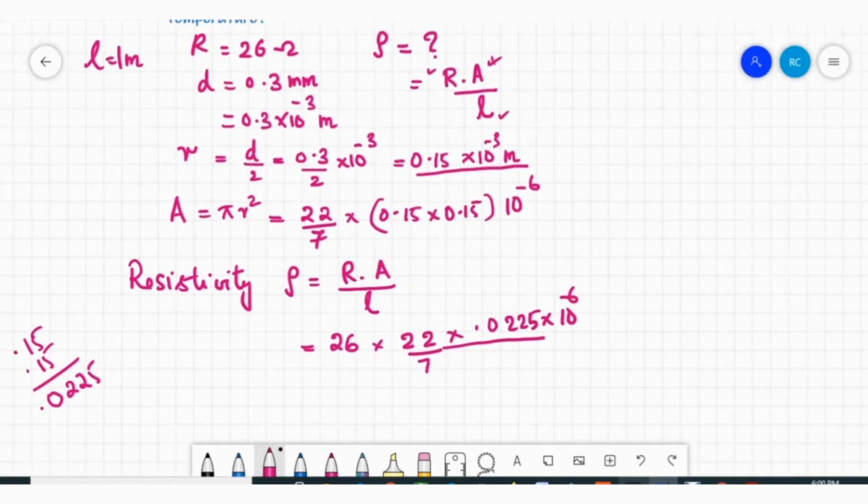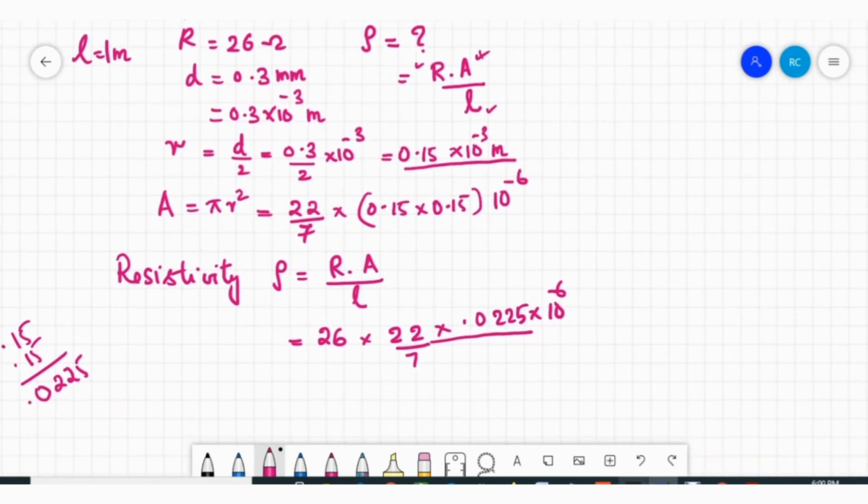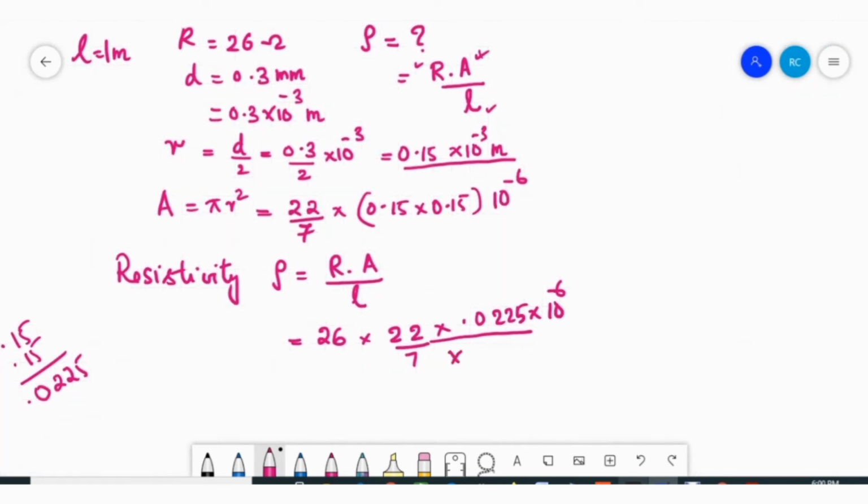What is L? L is 1 meter. So overall it becomes 26 into 22 by 7 into 0.0225 into 10 to the power of minus 6, divided by L. When you solve this equation, you will get 1.8385 into 10 to the power of minus 6, and its unit is ohm meter.